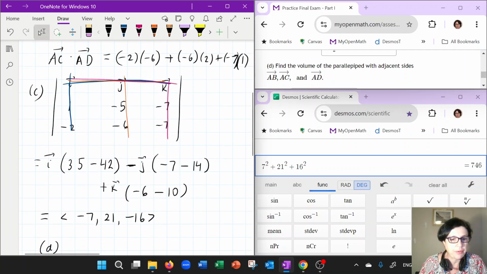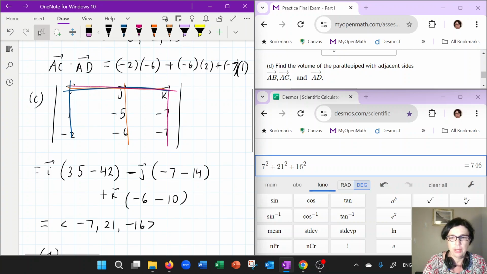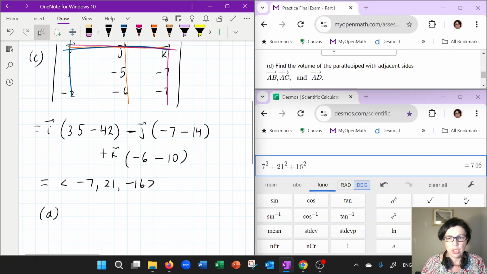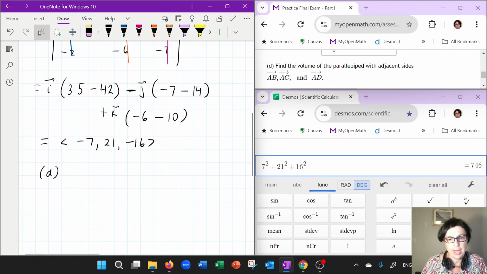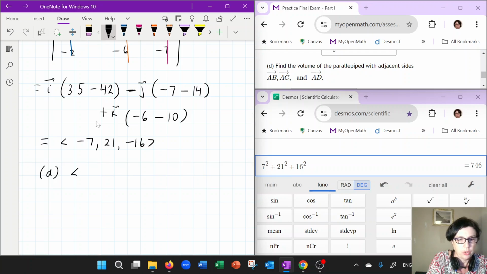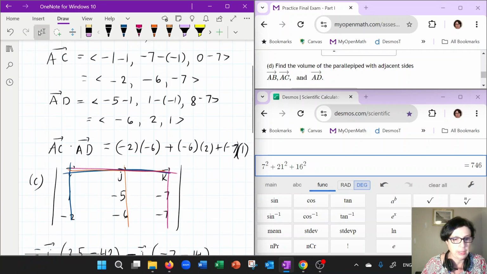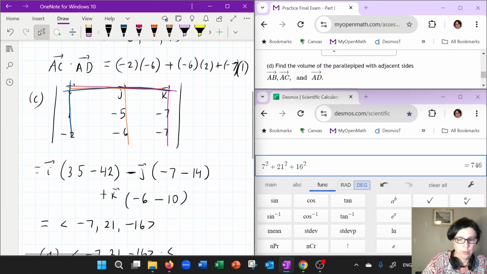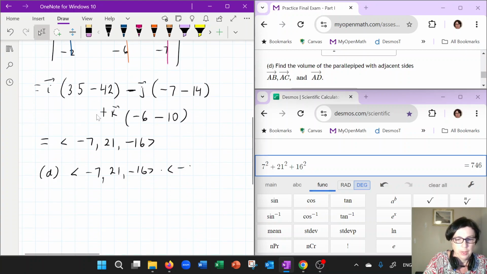So because I already found the cross product right here, I found AB crossed with AC, I got that. Now I can just find the dot product of that with AD. So this is my cross product, -7, 21, -16, and I am going to just dot it with AD, which was -6, 2, 1. And that becomes my scalar triple product.